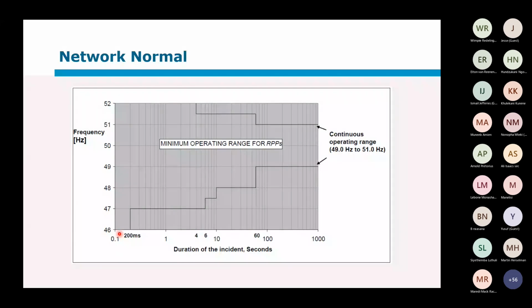It puts too much mechanical strain on the physical generator. High frequency, that is a problem because that means there's too much generation in the system and too little load. Not something that I think we'll see very soon in South Africa.